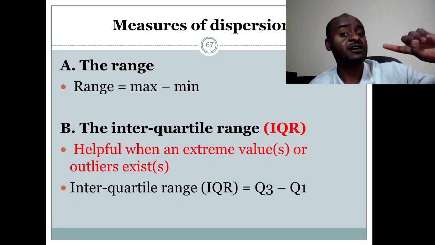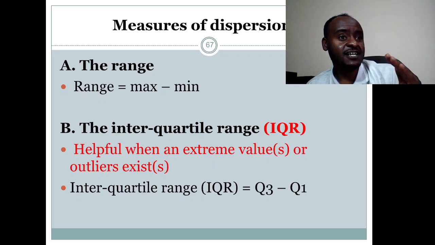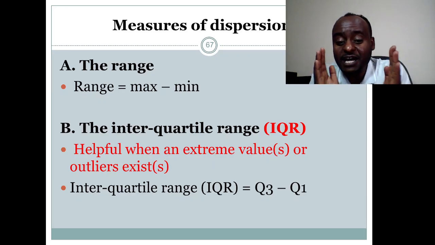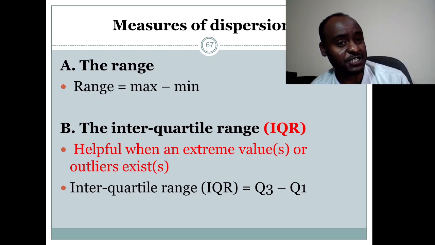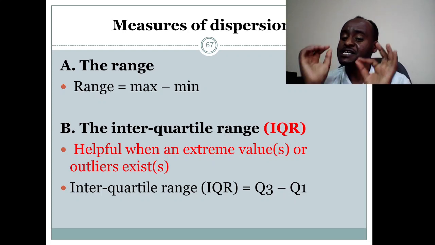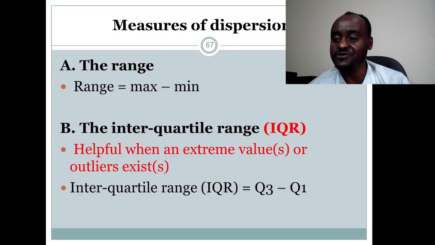It is very far from the other data points simply. Therefore, those outliers are actually excluded when we talk about interquartile ranges. The interquartile range is not sensitive to the outlier. There is no influence of outliers. Range is very sensitive, but the interquartile range is not sensitive.